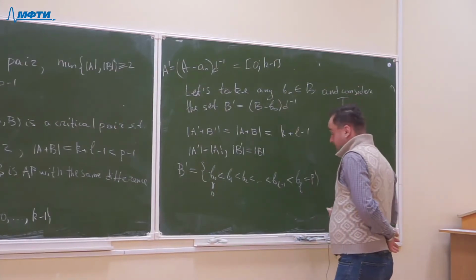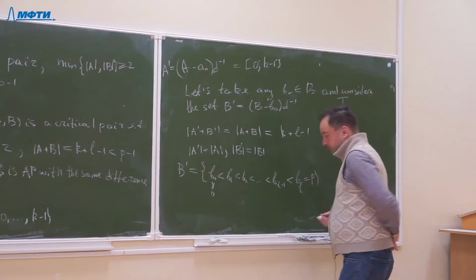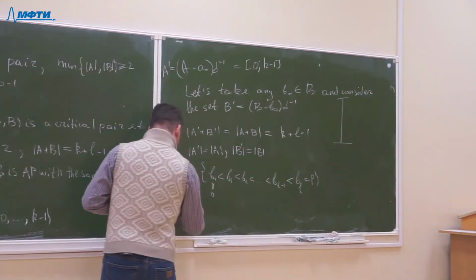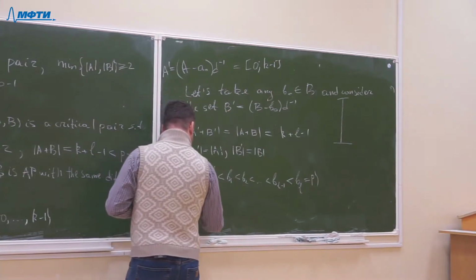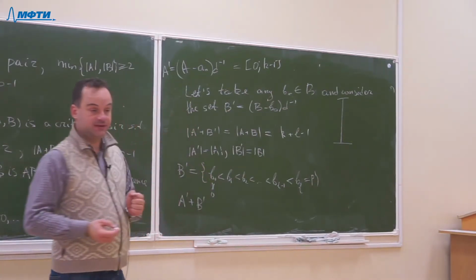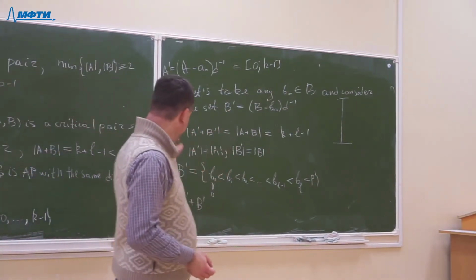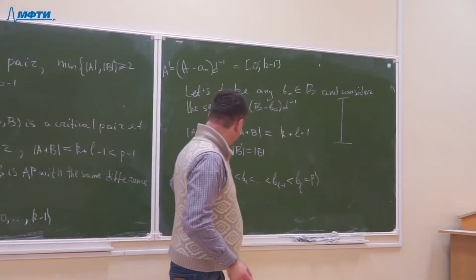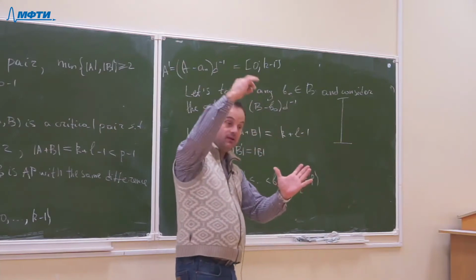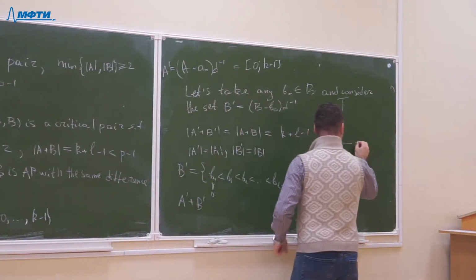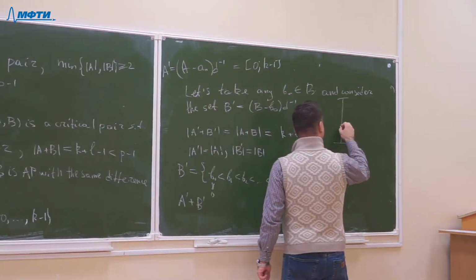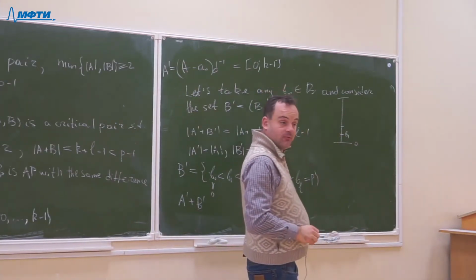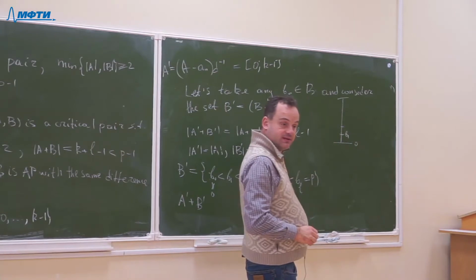Let's write it down. Look, what is A prime plus B prime? We add to B0, B1, B2, up to B(l-1) one fixed interval. What do we get?